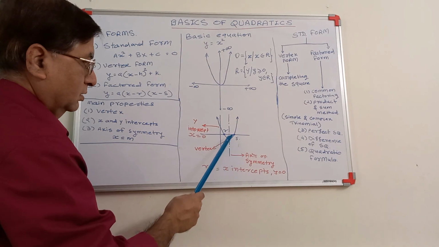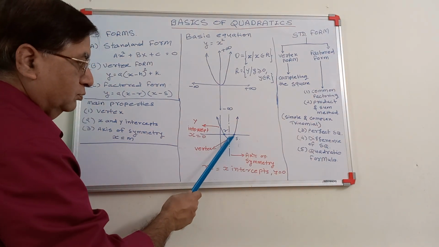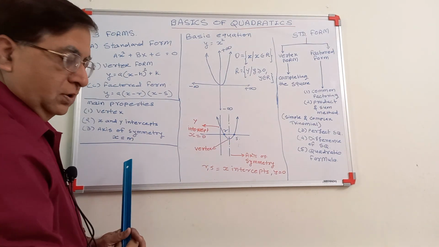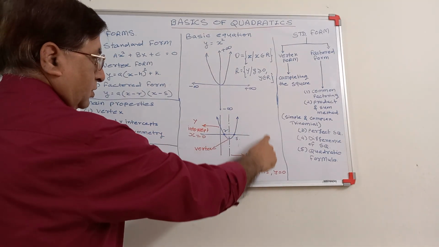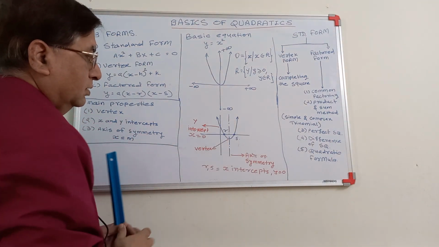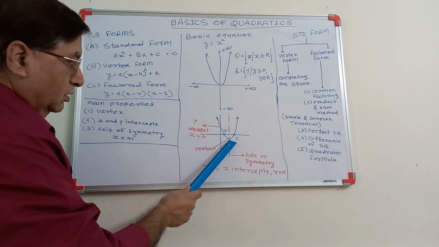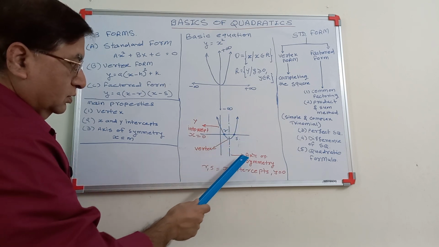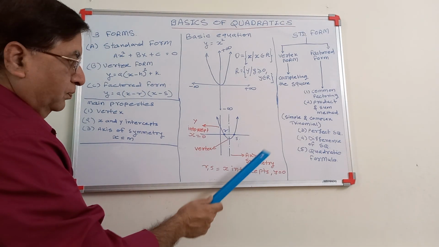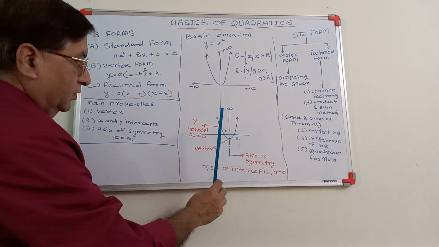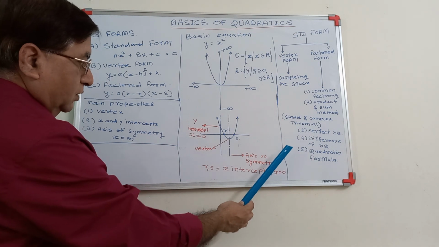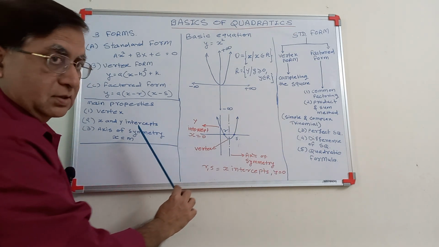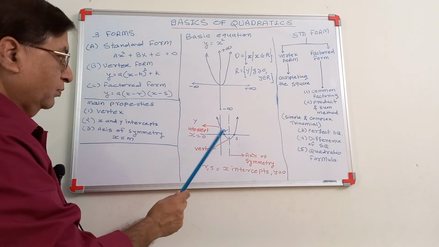Now this is the vertex point, which is the bottommost point. And if the parabola is upside down, then it is the topmost point, which is the vertex. Now a vertical line passing through this vertex point is known as the axis of symmetry. And this parabola has the same shape on one side of the axis of symmetry and on the other side of the axis of symmetry.